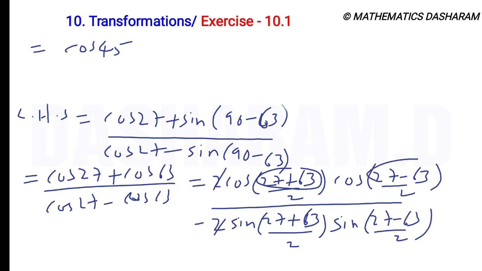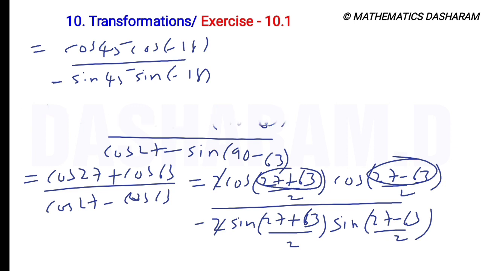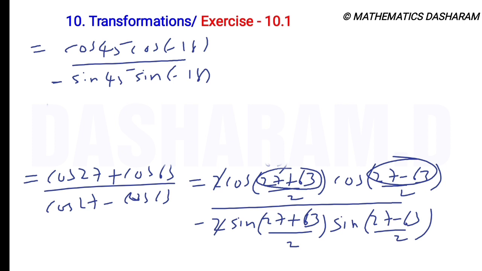Next, 27 minus 63 equals minus 36, and minus 36 by 2 is minus 18. So cos minus 18 divided by, the denominator also the same, sin 45 into sin minus 18 degrees, but here a minus symbol. So next, cos 45 equals 1 by root 2, and cos minus theta will become cos theta itself.